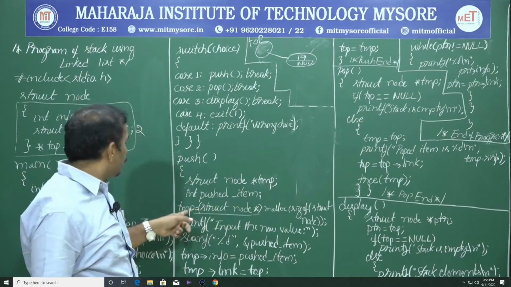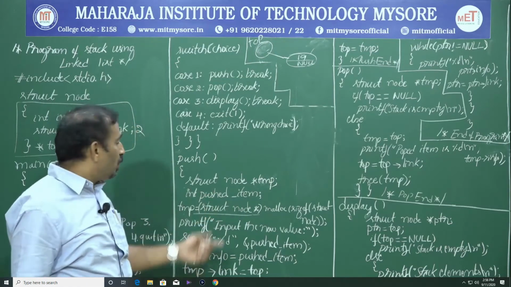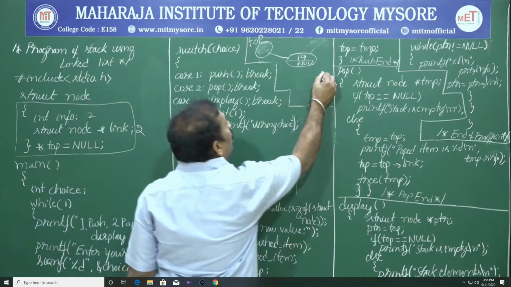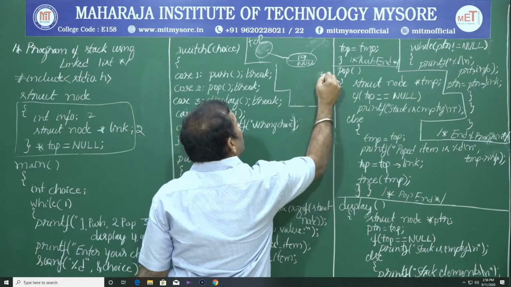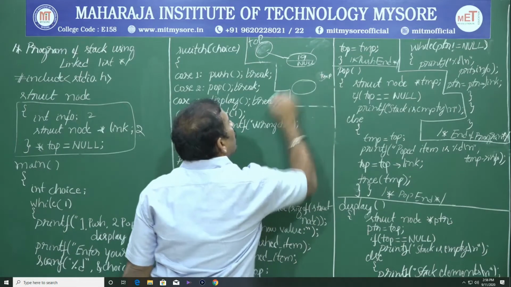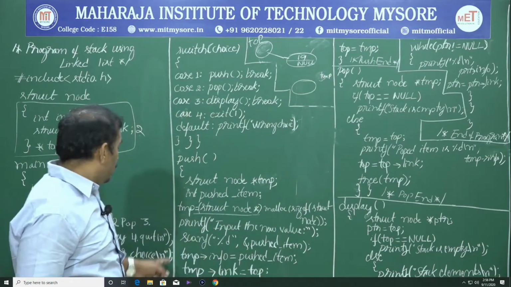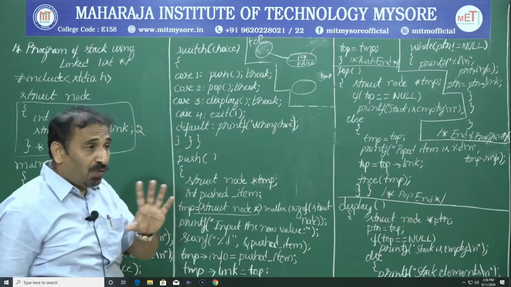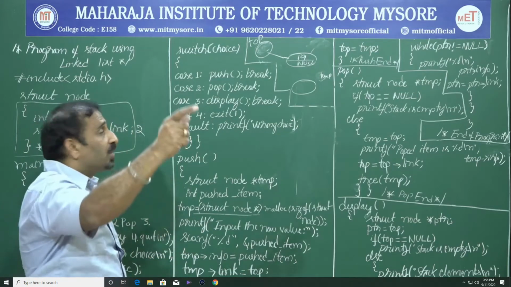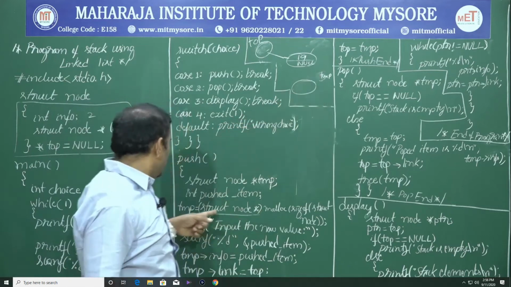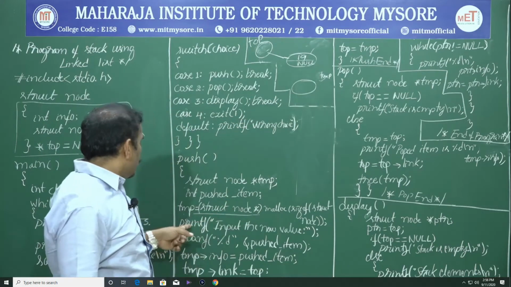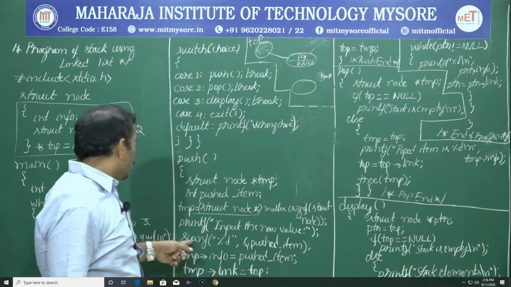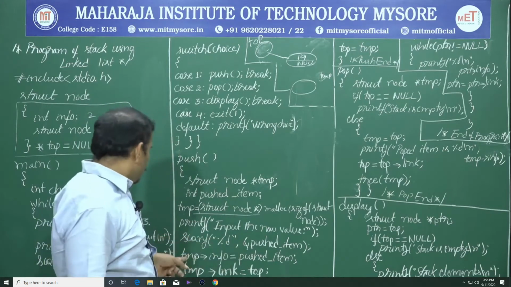Then pushed item, TMP is equal to structure node. So, now I am creating a new node. A new memory space of 4 bytes is allocated, and its address is now stored in TMP. So printf enter the new value, scan that value.